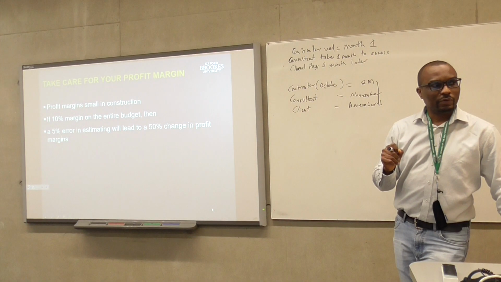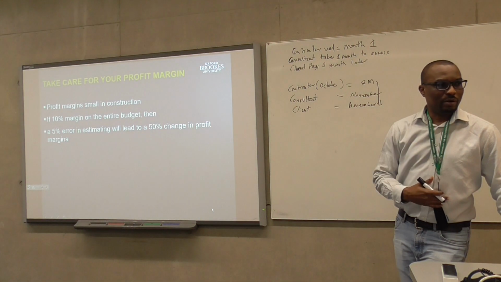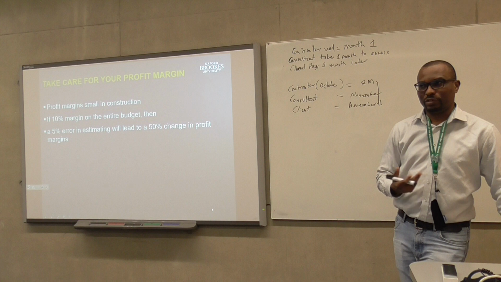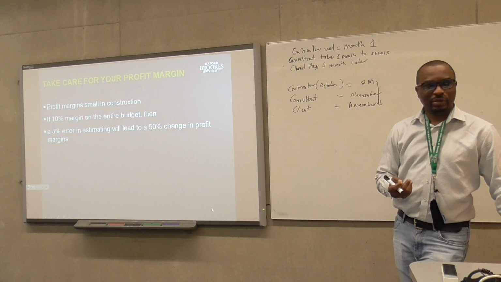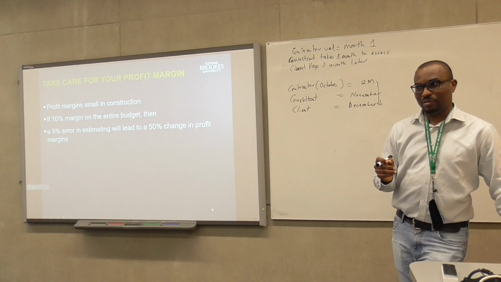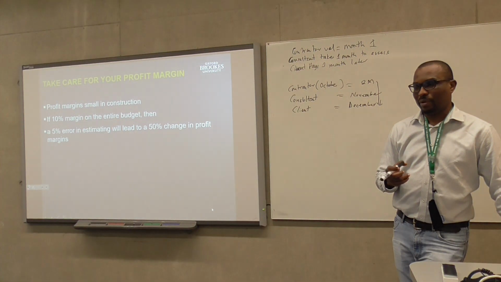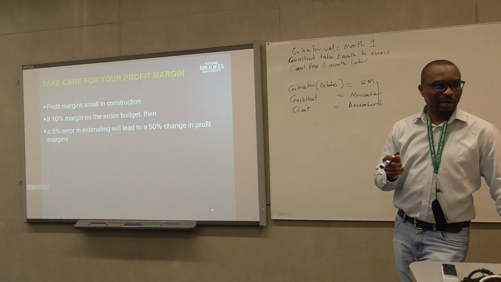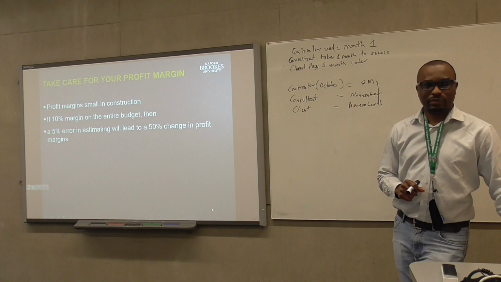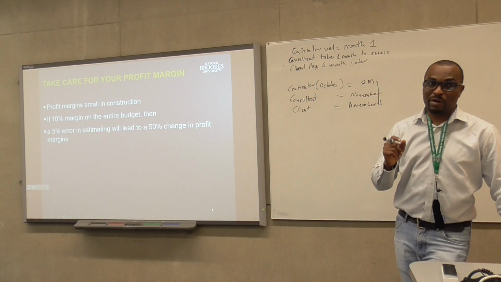So when you are doing your estimate, assuming you have a 10% margin on the entire budget, which is your profit, and while doing the estimate you have a 5% error in estimating, it's most likely to affect your profit margin quite widely, by about 15%. Because don't forget that 5% error is not just on the profit, it's on the whole project cost. So as QSs, when you're estimating, you need to make sure that your margin of error is very, very minimal.